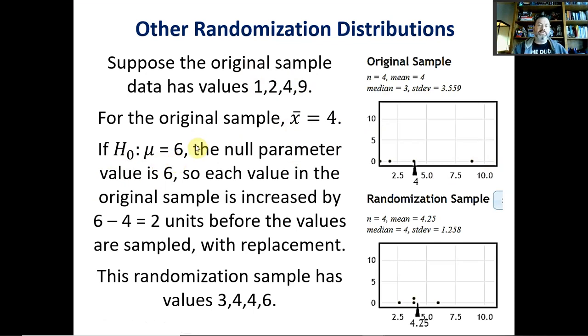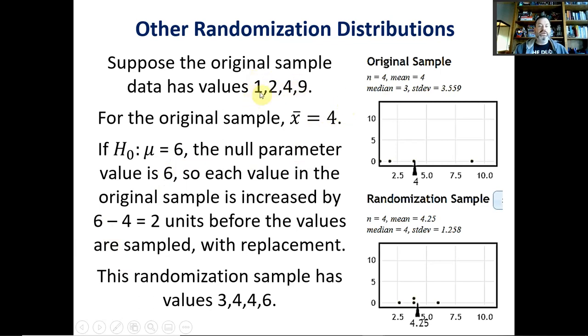So how do we do a randomization distribution? Well, the null parameter value is this number. Each value in the original sample is increased by the difference between the null parameter value and the sample mean. So 6 is 2 units bigger than 4.